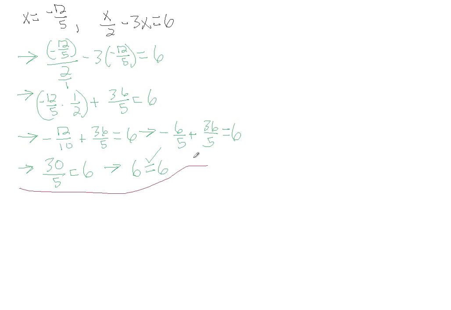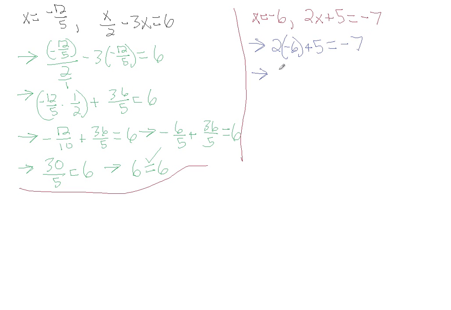Okay, let's do a few more of these. Let's say we want to find out if x equals minus 6 is the valid solution for 2x plus 5 equals minus 7. Okay, so what we want to do is plug in minus 6 everywhere we see x in our equation, which we actually only have in one place. 2 times x, which is minus 6, plus 5 equals minus 7.